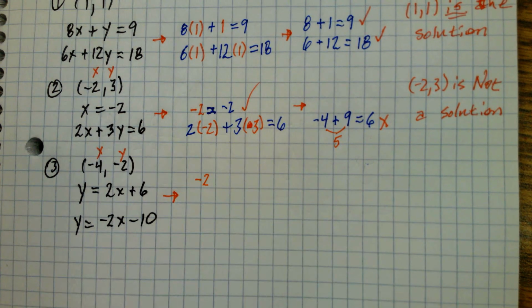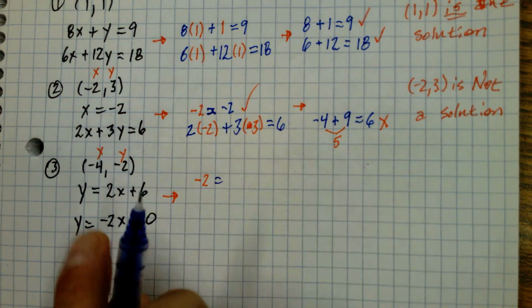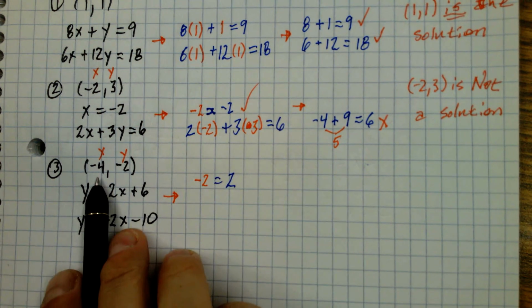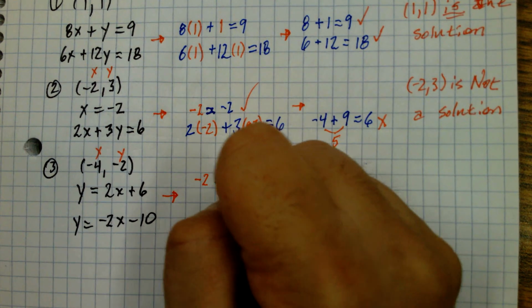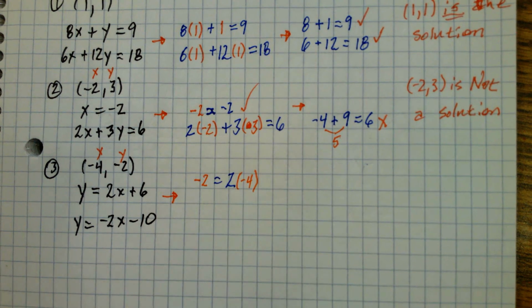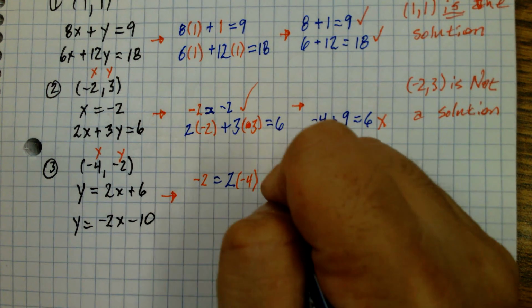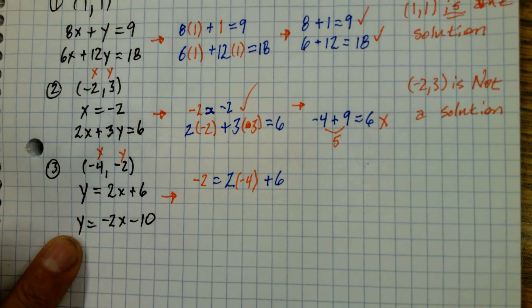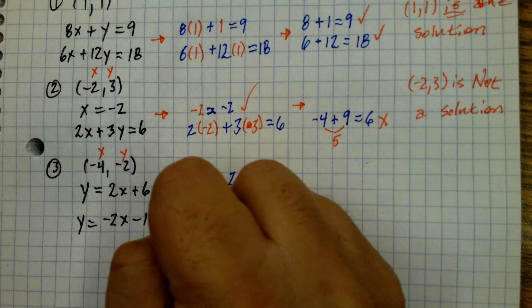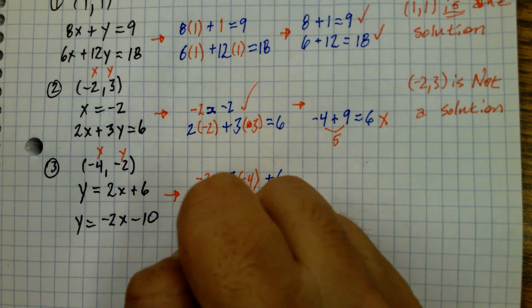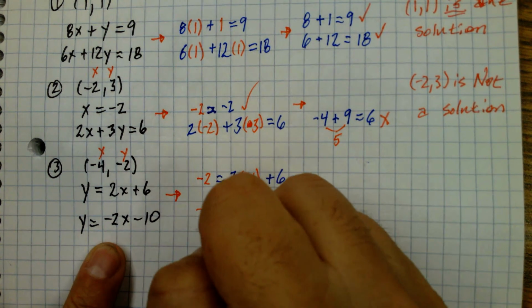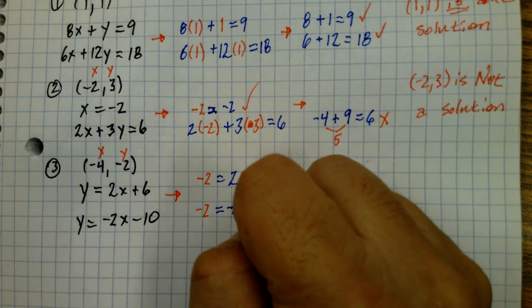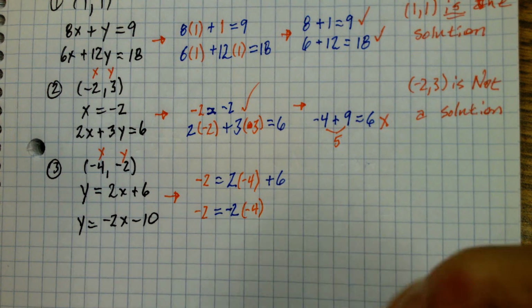Negative 2 equals, I have 2x, so that's going to be 2 times negative 4, because that's what x is. And then plus 6. Okay, let's do the other one. Let's just substitute in for that. So that again is y, so it's negative 2 equals negative 2x, so that's going to be negative 2 times negative 4. And then we have take away 10.